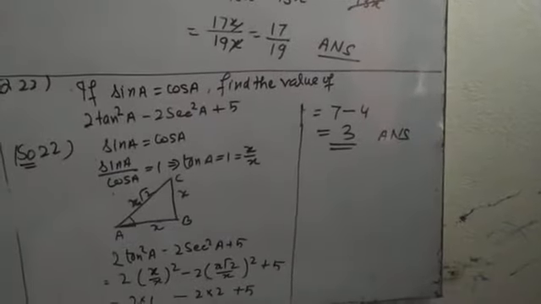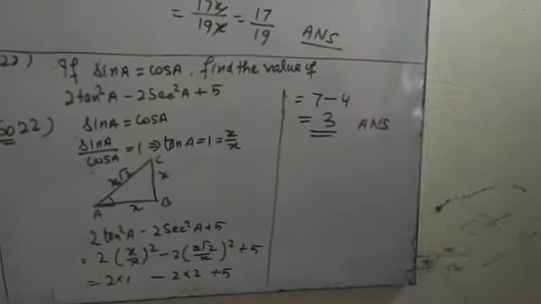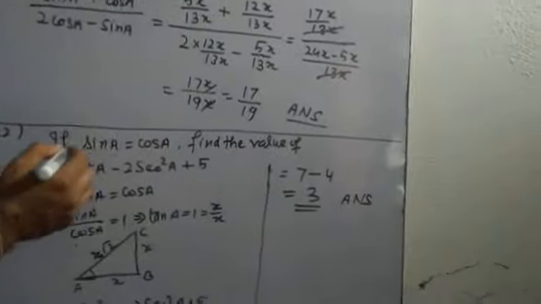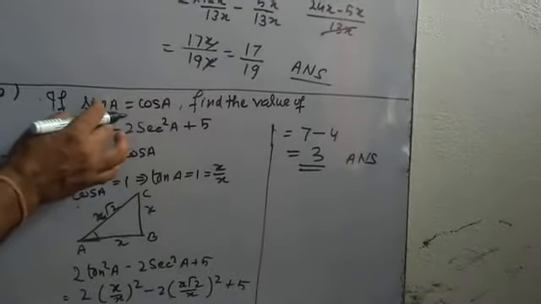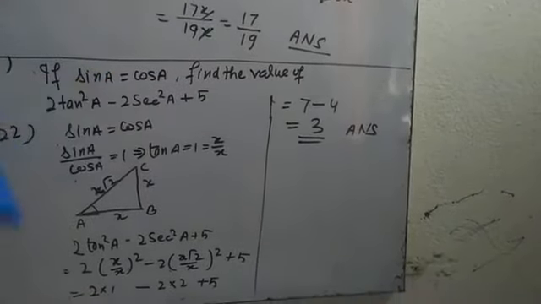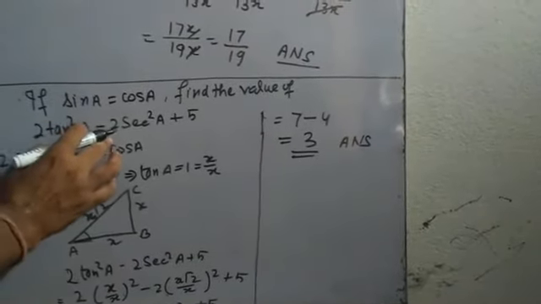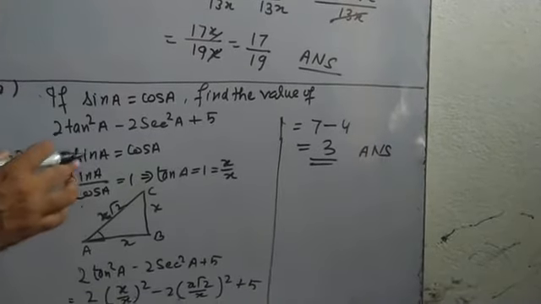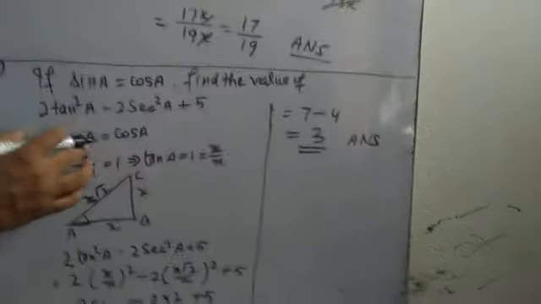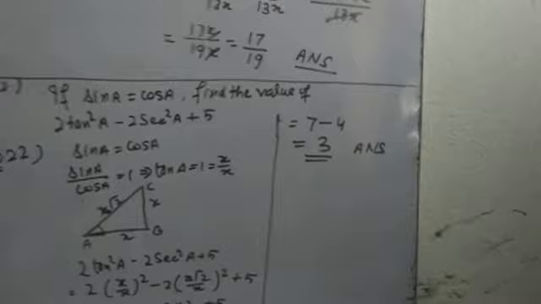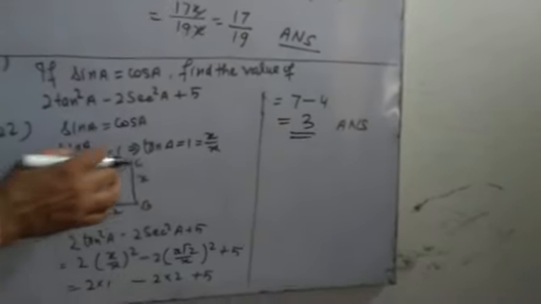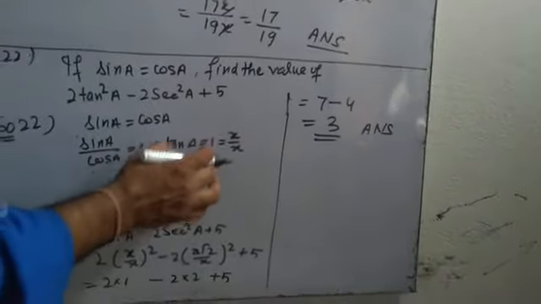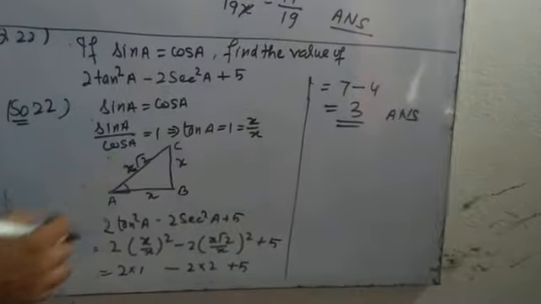Now come to question 22. If sin A equals cos A, find the value of 2 tan square A minus 2 sec square A plus 5. From the given solution, sin A equals cos A, from this sin A upon cos A equals 1, or tan A equals 1, or you may write x by x.